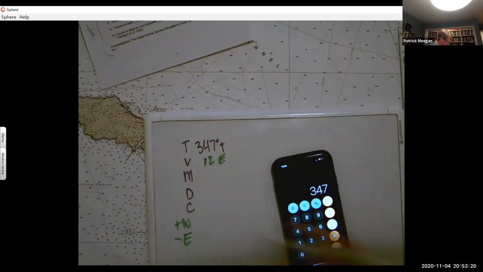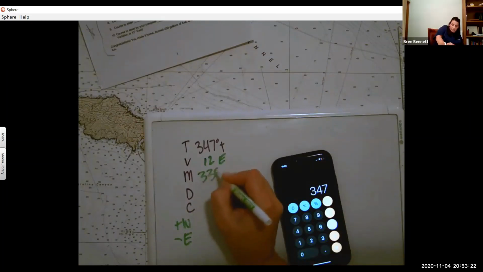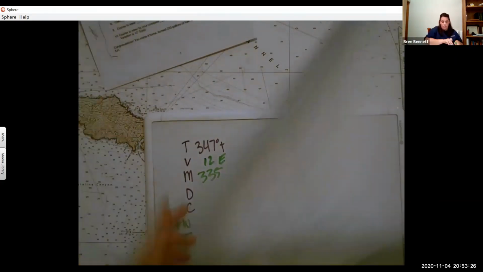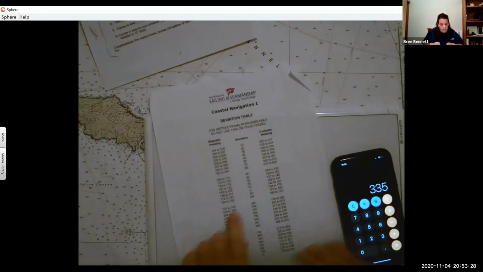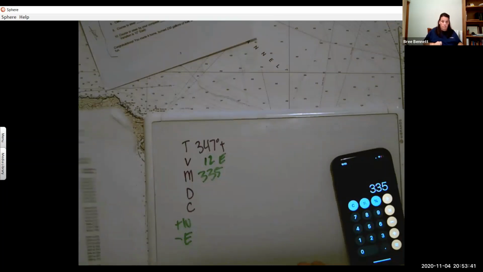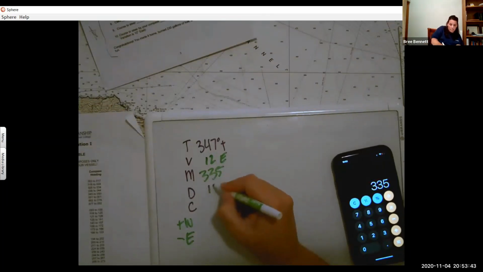335. Deviation table, magnetic of 335. 335 gives us 1 west. So I would say the question is wrong.